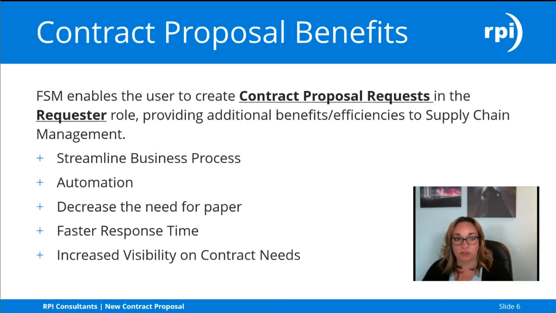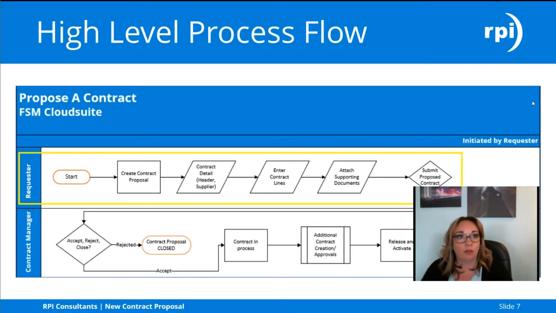When you put your proposal into the system and you submit it, the information is available immediately for the contract management team or the contract administrators to be able to review, collect any additional information that they might need to then carry it on through the process. And then additionally, it's just going to help to create some more visibility for your organization. So increased visibility on maybe contract needs for a specific department, or a requester, and just give some better information all around.